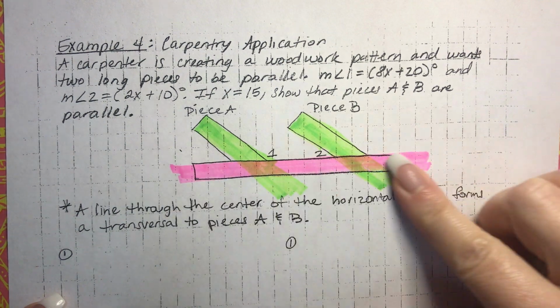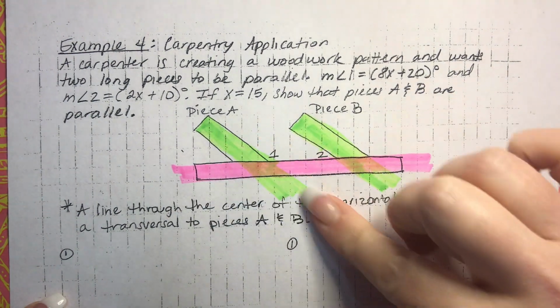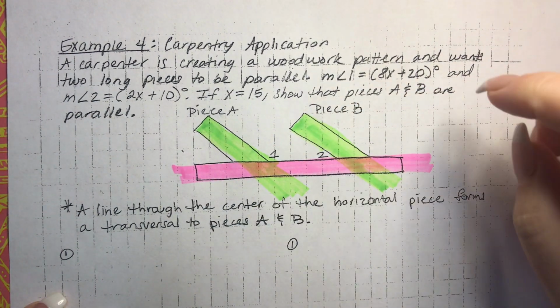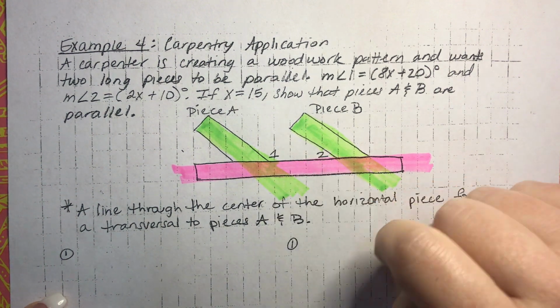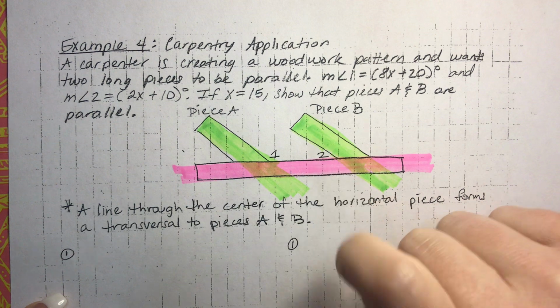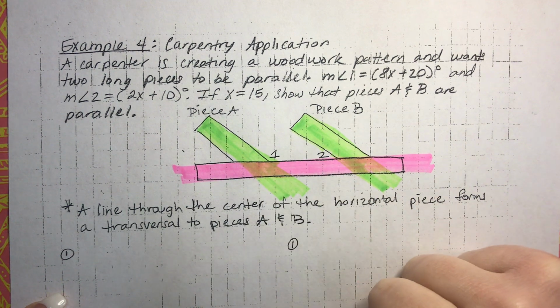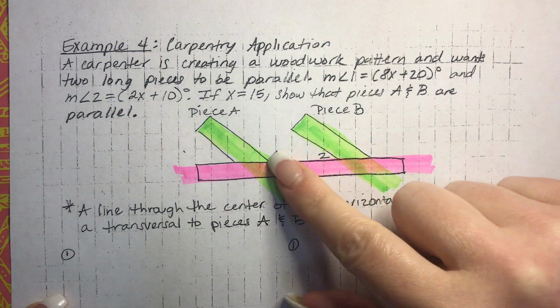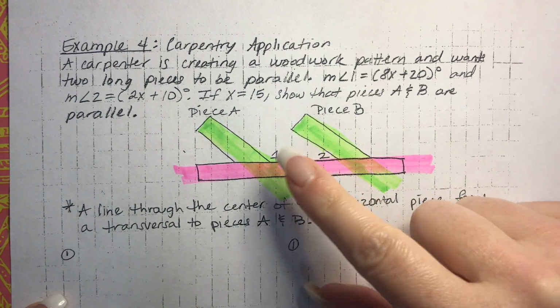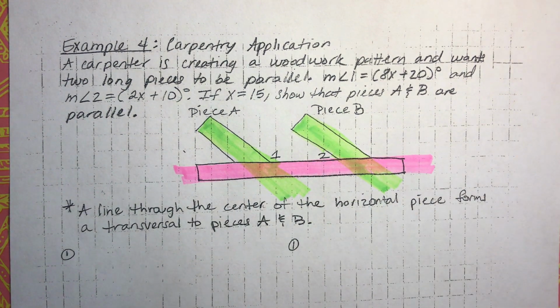So if this is our transversal and these are our 2 lines that we're trying to figure out are parallel, what are angle 1 and angle 2? Are they corresponding angles? Are they alternate interior, alternate exterior, or same side interior? And these are definitely interior, right? They're inside these 2 lines, and they're on the same side, so these are same side interior angles.